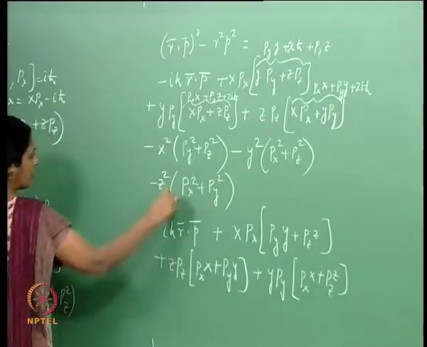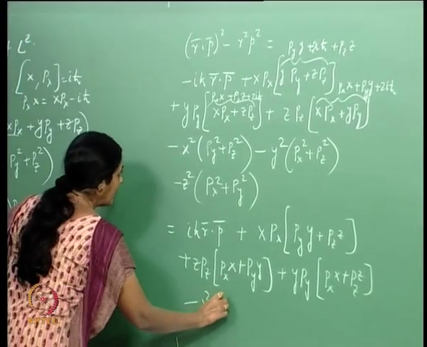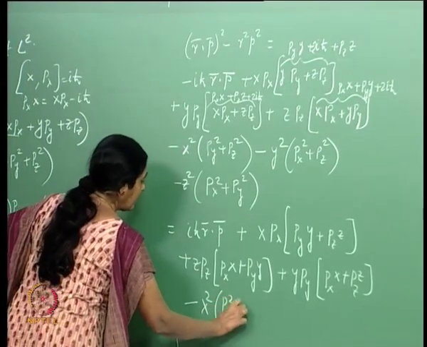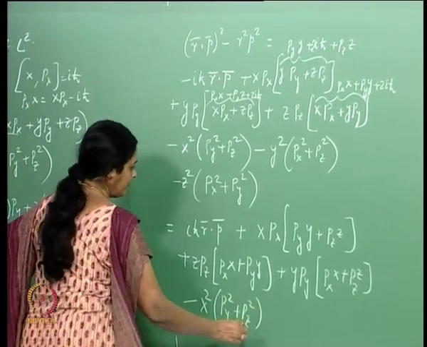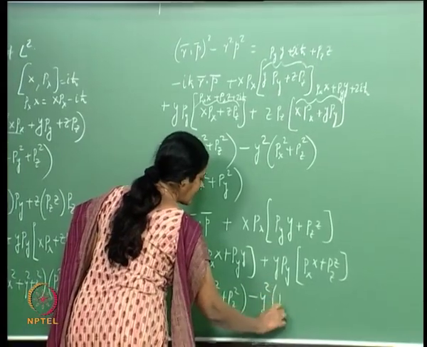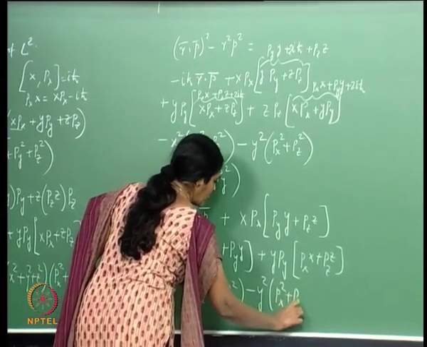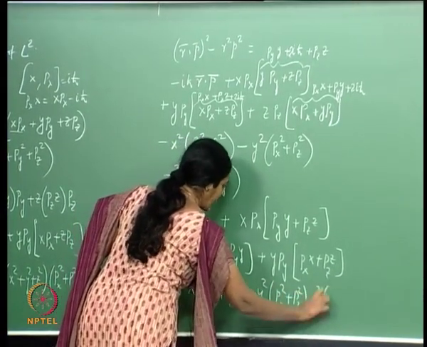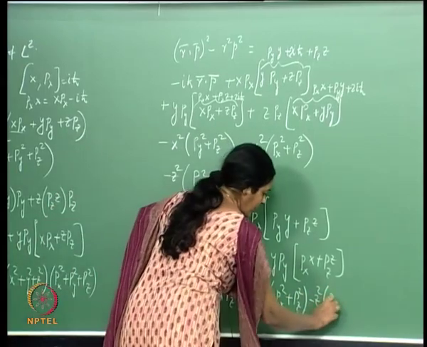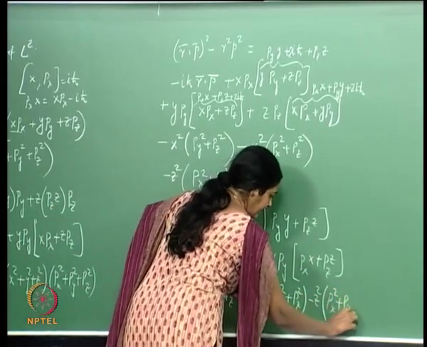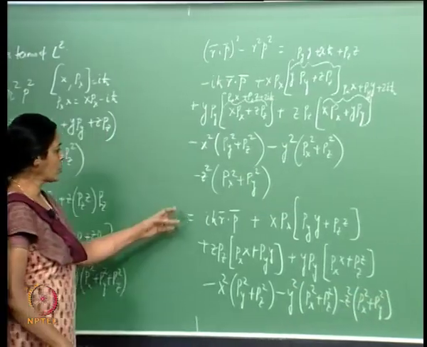And then, of course, I have to subtract out these things: minus x squared (p_y squared plus p_z squared), minus y squared (p_x squared plus p_z squared), minus z squared (p_x squared plus p_y squared). So, this is what I have.